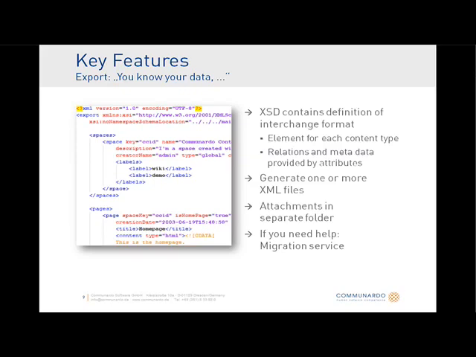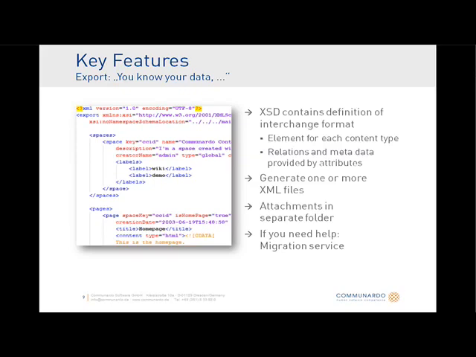And in the XML file there is an element for each content type, like page or attachment, blog post, and you can model the relations between your content, and you can add metadata by using attributes on the elements of the XML file.